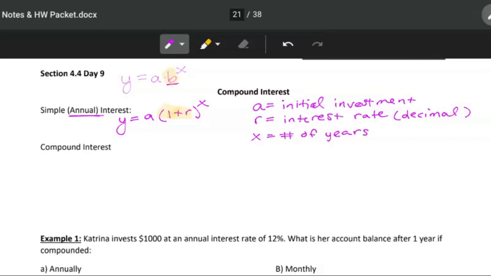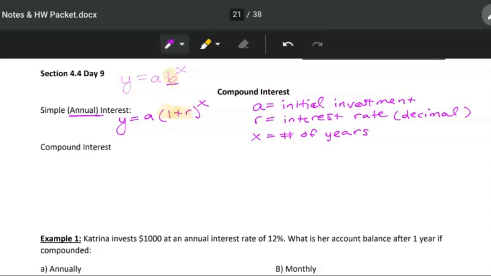All right, so say if initially you invest $1,000 at an interest rate of 1% and you plan on leaving your money in the bank for 10 years, all right, if you plug in all those numbers into this formula, you can figure out how much money you would have at the end of 10 years. All right, so that is simple interest. Getting that interest once a year.